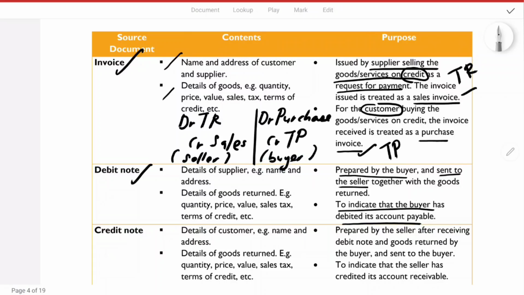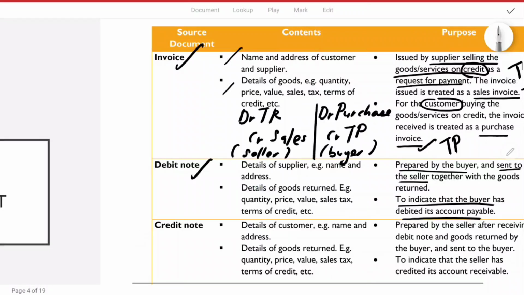So when the buyer returns the goods to the seller, this is in the buyer's account. When the buyer purchases, the buyer debits purchase and credits trade payable. So let me open the account for trade payable.